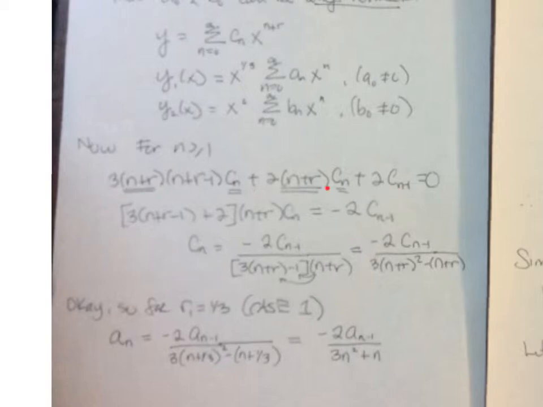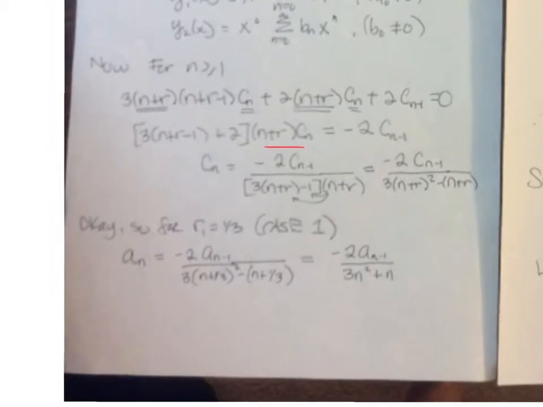This is where I'm getting it from. This should be familiar in the sense of finding the recurrence relation and equating the coefficients. All I'm doing is some algebra. I factored out an n plus r, c sub n, that was in common, and then I solved for cn. And again, I just distributed here, so here's my nice cn term.